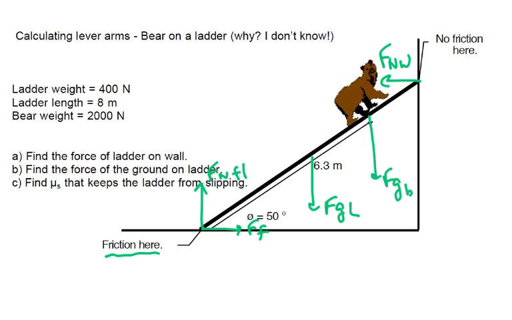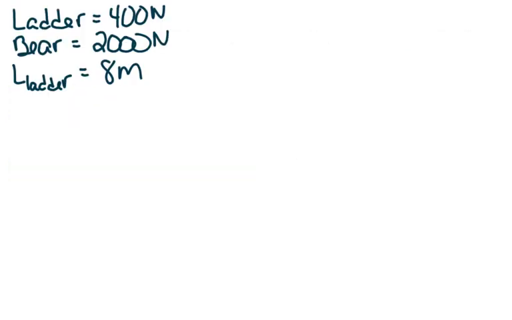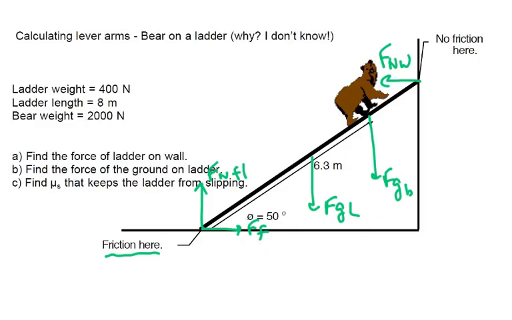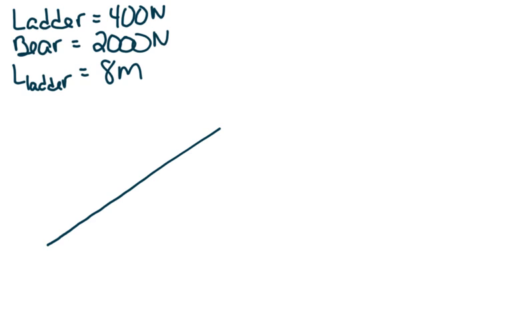So this is a ladder. It's going to require a torque diagram. My torque diagram is going to look exactly like the ladder did in the picture, that way we don't mess up any angles. So here's my torque diagram.